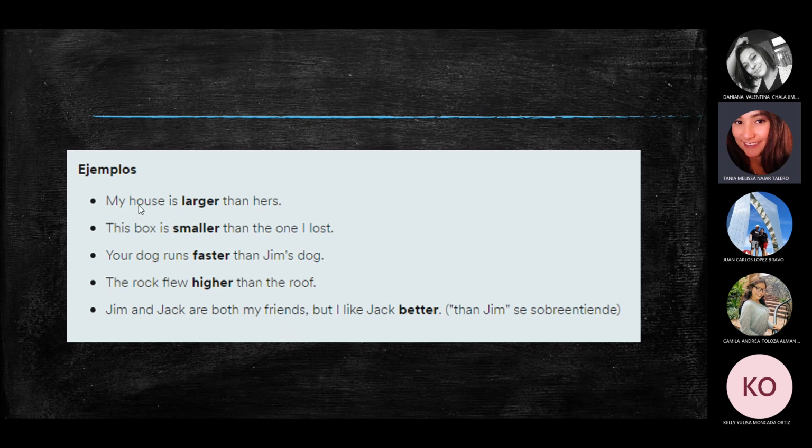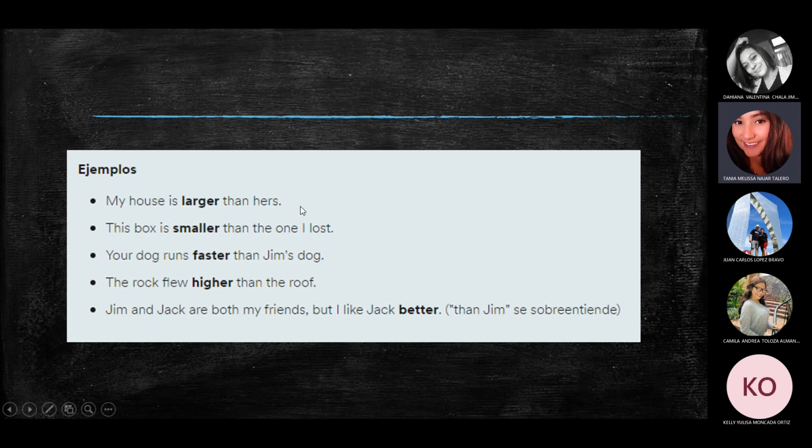Okay, excellent. So we have the subject, right? My house in the first one. Next, let's continue with the tense, right? The tense in this case is the to be verb, and we have the comparative adjective, then, and the possessive.